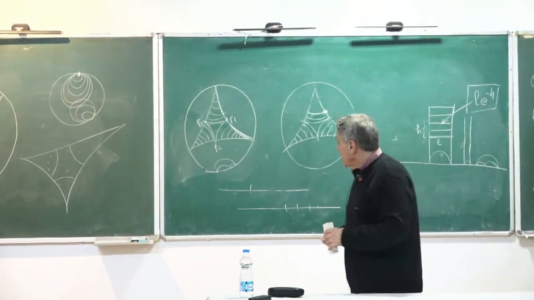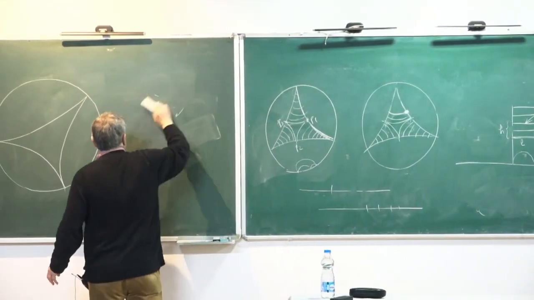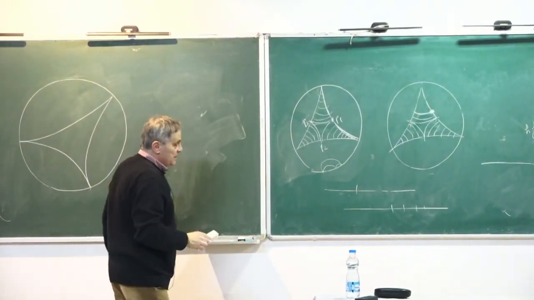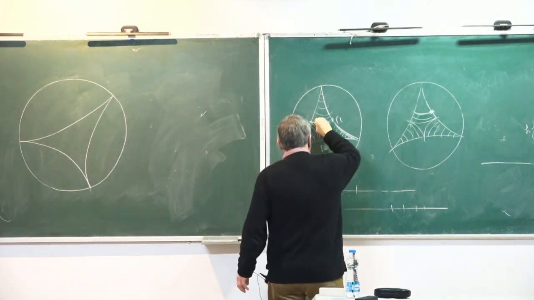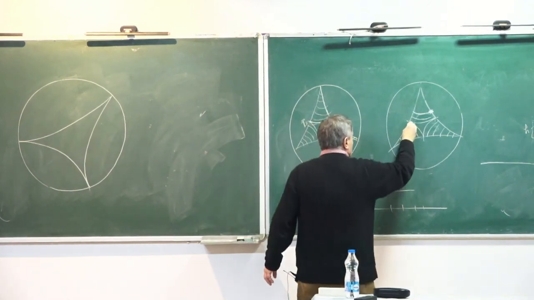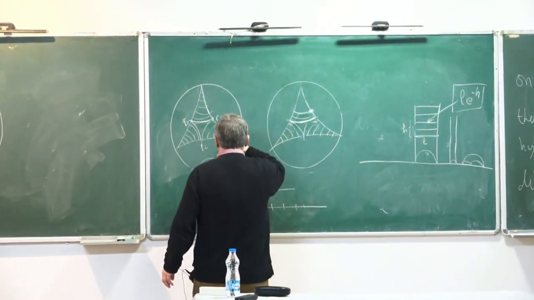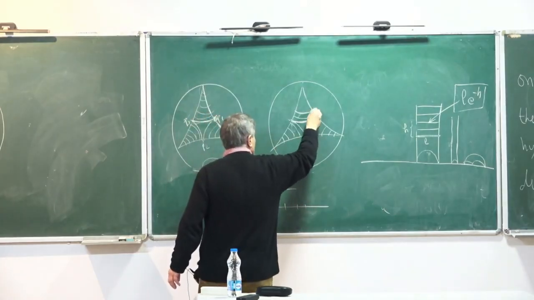Okay, so now when you have this, let's do this gluing. We said that we glue this to this. Sorry. This one, I glued this one to this one here.